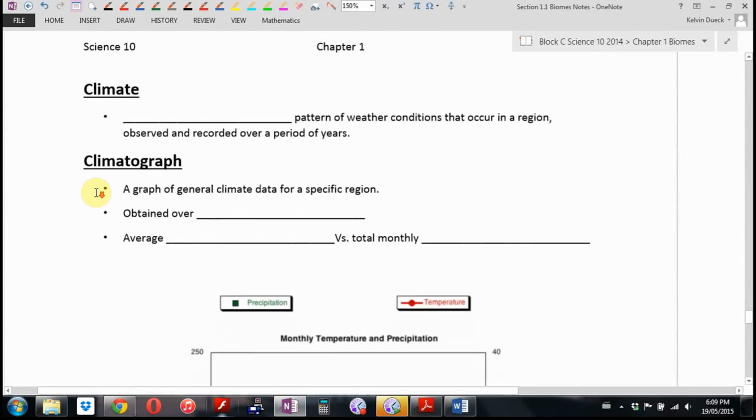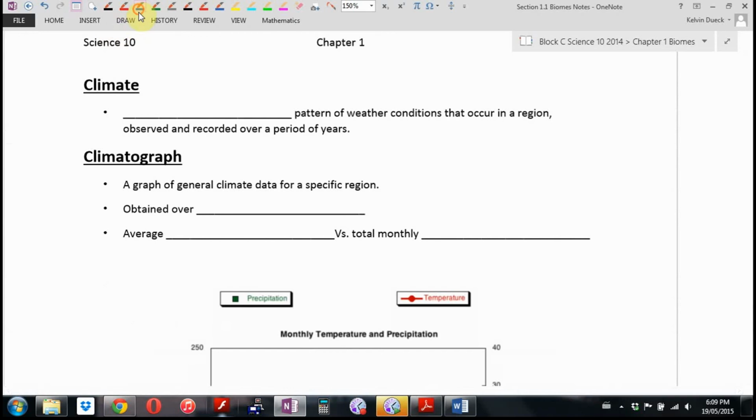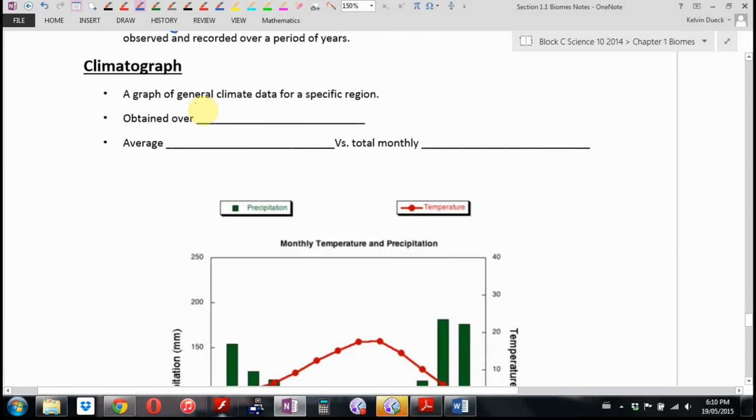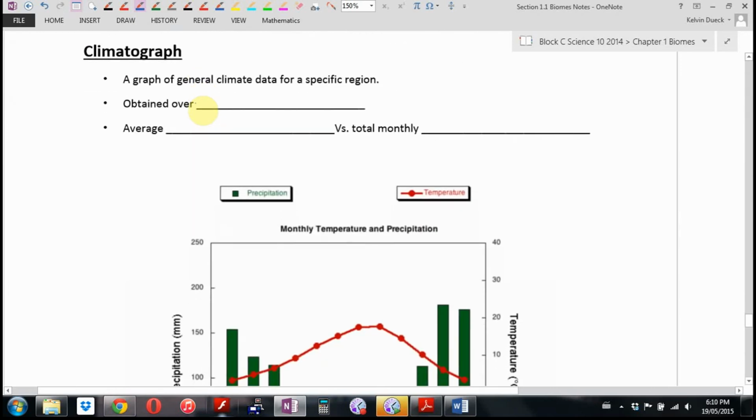Turn the page. What's climate? Climate is the average pattern of weather conditions that occur in a region, observed and recorded over a period of years. And we can show it with what's called a climatograph. So here is a climatograph in your notes. This is a graph of general climate for a specific region.